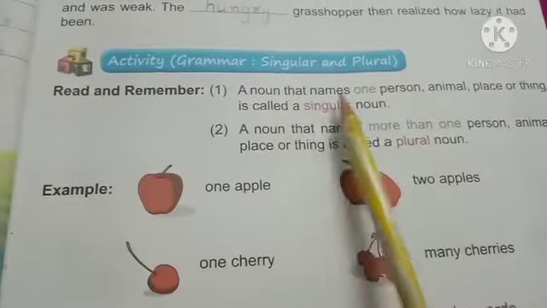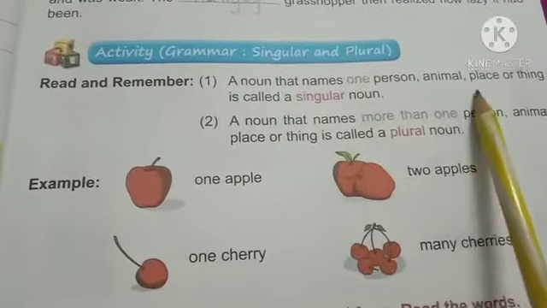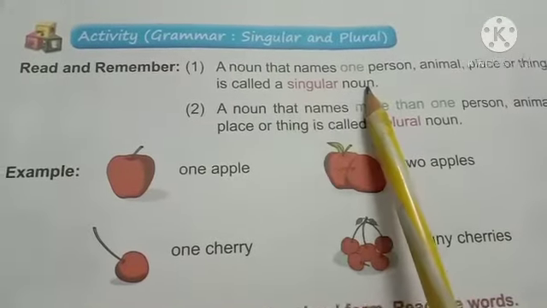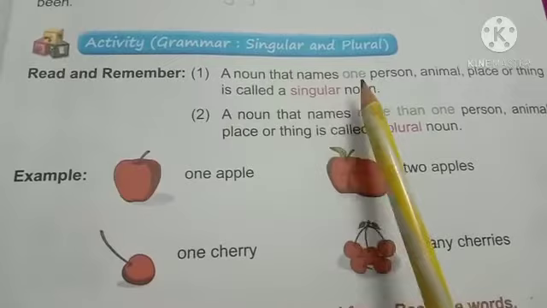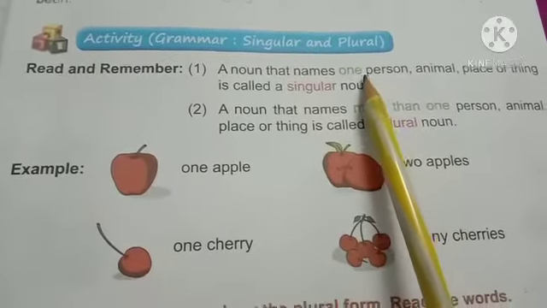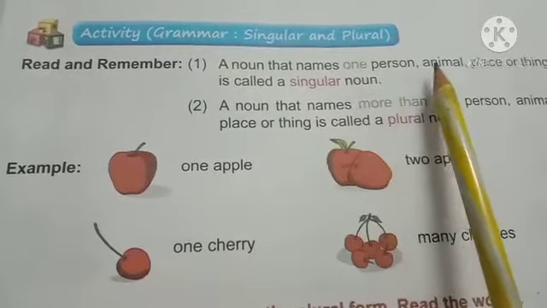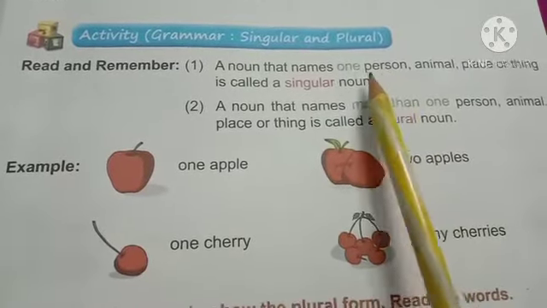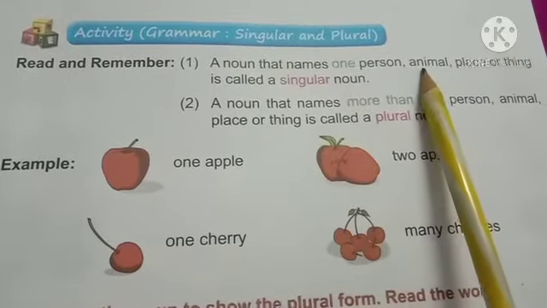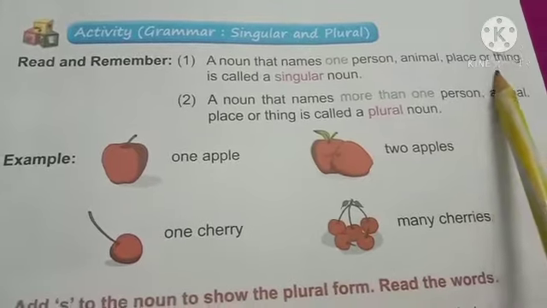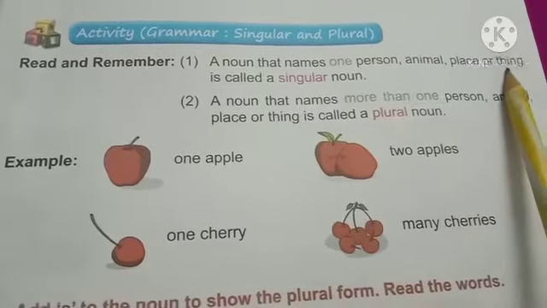A noun that names one person, animal, place or thing is called a singular noun. Like one person, a girl, it's a singular noun. A cat, a city, a pencil, a thing, like this.